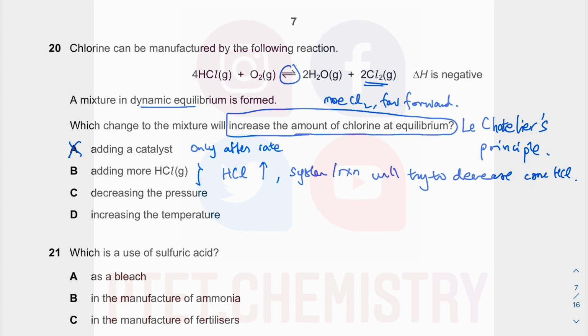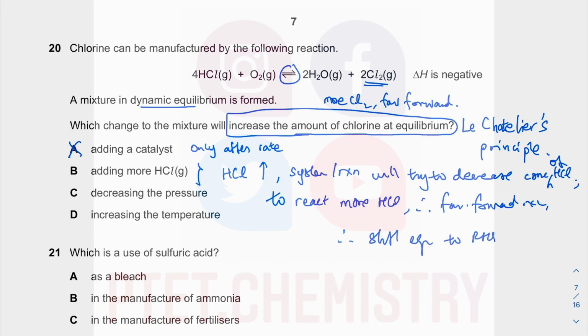HCl is a reactant. The only way you can decrease your concentration of HCl is to react more HCl. Therefore, favor forward reaction. Therefore, shift equilibrium to the right-hand side. Therefore, more CO2. Guess what? We got what we came for.